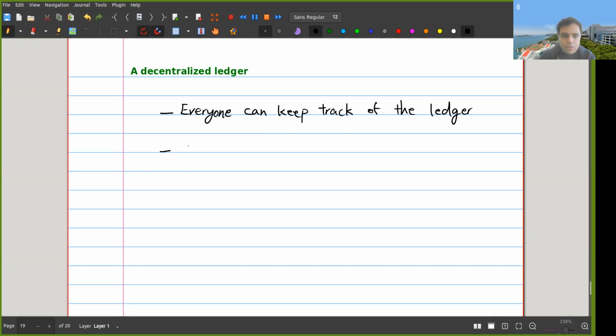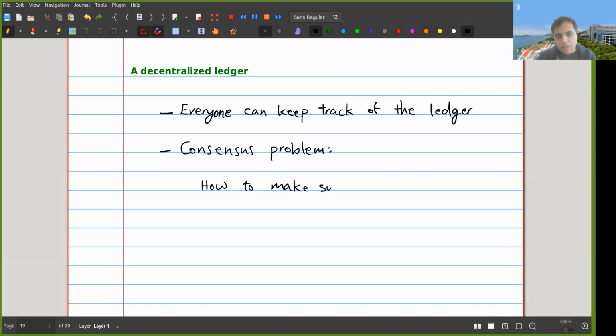So this is what we call a consensus problem. So how to make sure that everyone has the same ledger, or let's say blockchain.